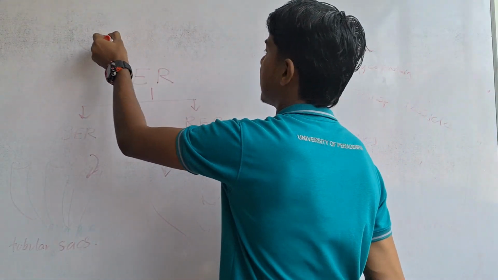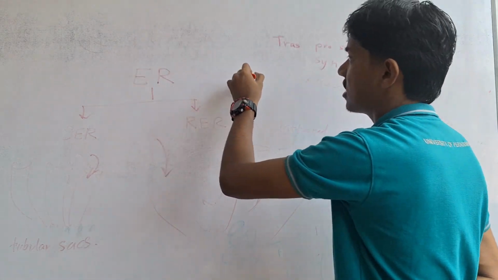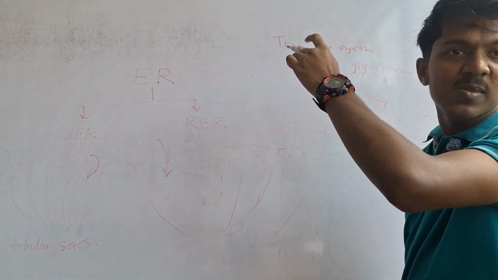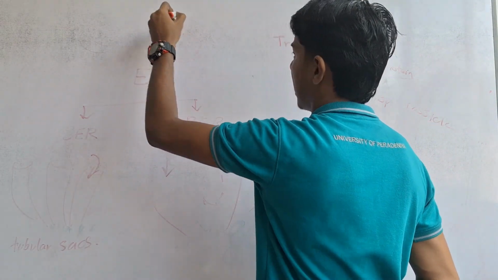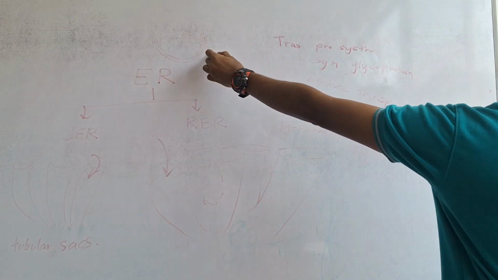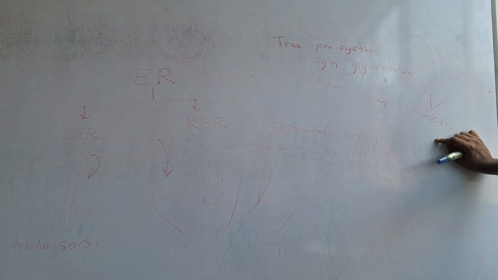They need a packaging-like structure before going to the cytoplasm, because the cytoplasm is a fluid-like structure. For that package, we say vesicles. Okay? Vesicles.